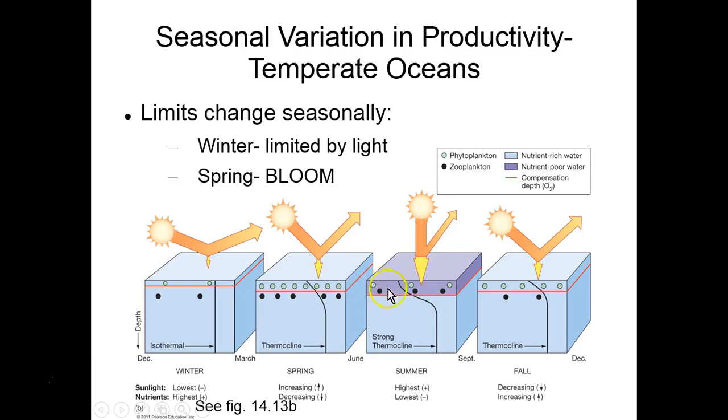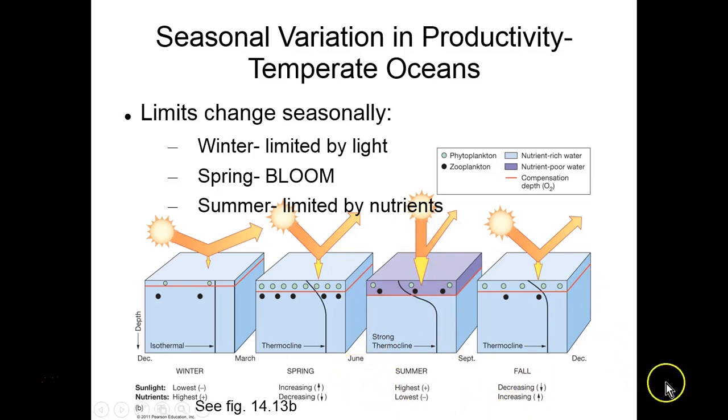So essentially, all of those nutrients get used up by all of the phytoplankton that were in the water from the spring, and then they don't get replenished because of the strong thermocline that was created by the sunlight. So in the summertime, although there's a lot of sunlight, there are not a lot of nutrients in the surface waters, and therefore primary productivity is decreased. Sort of similar to what happens in the tropics, but again, not as extreme.